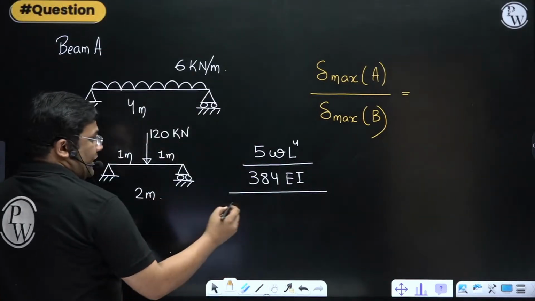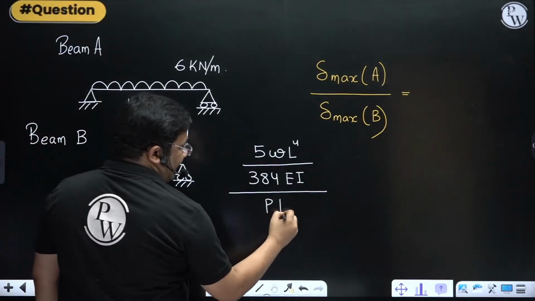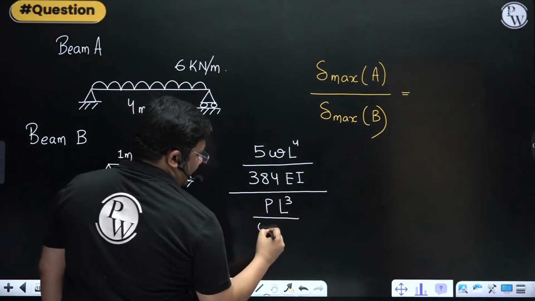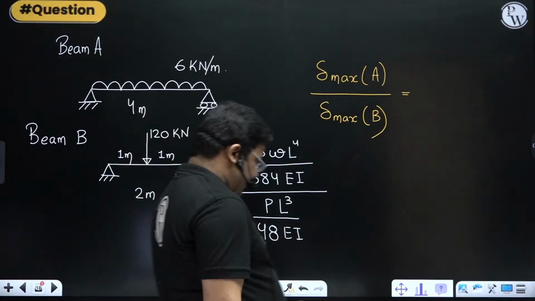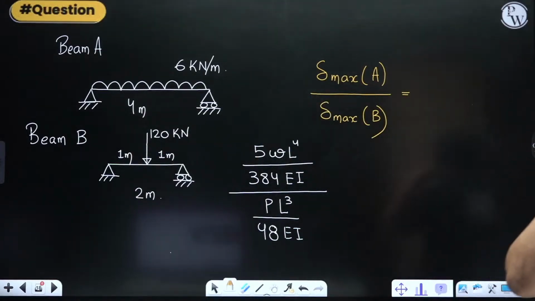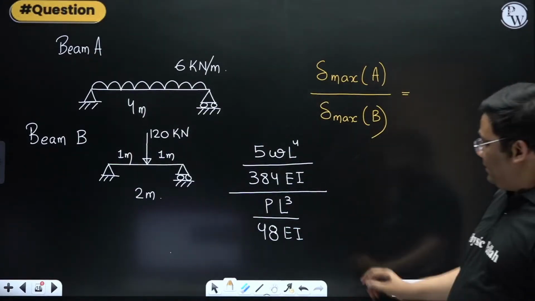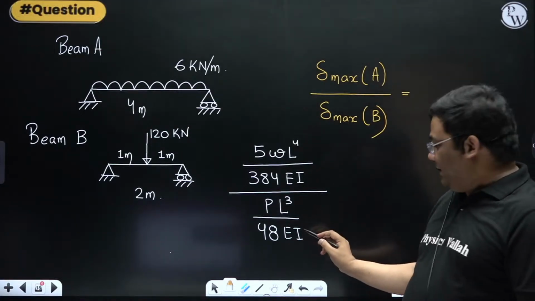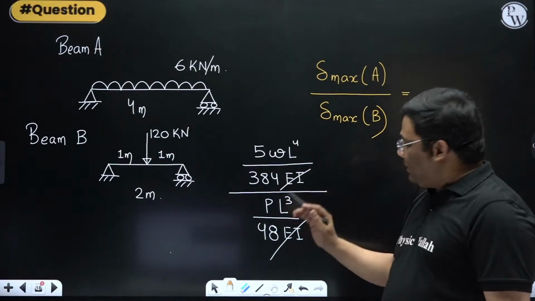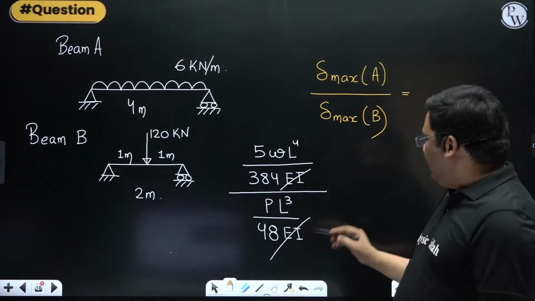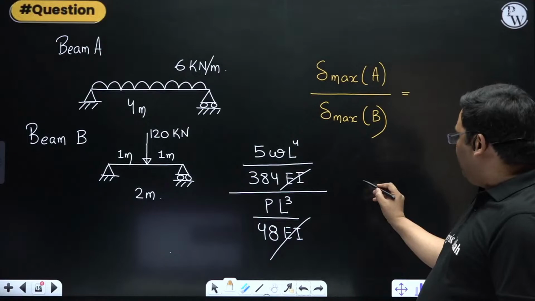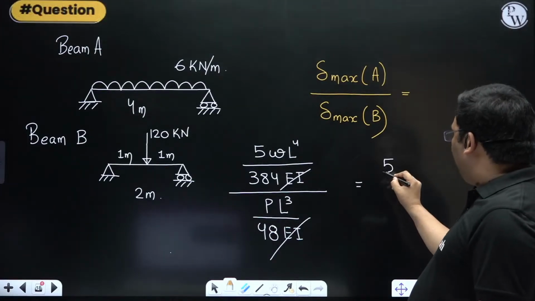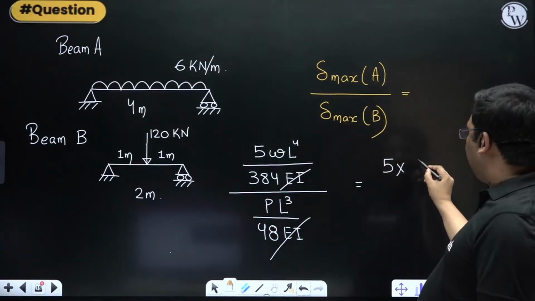And for this one, it is PL cubed by 48 EI. See, if nothing is mentioned in the question, it means the material is the same and the cross section is the same. Assume that. Length is not the same, so I'll put in the values. 5, here W is 6.